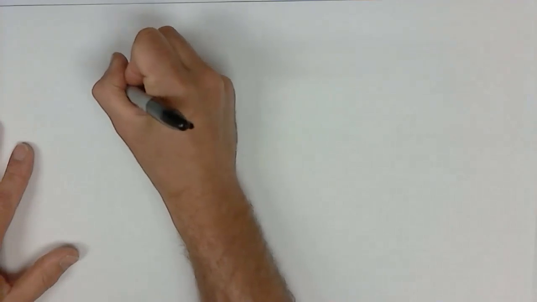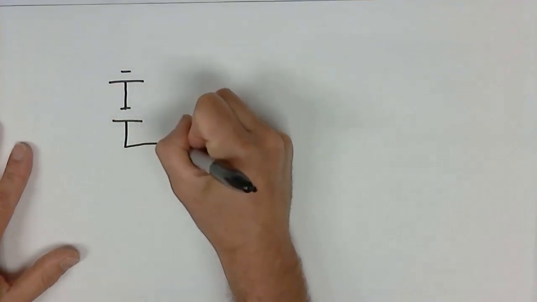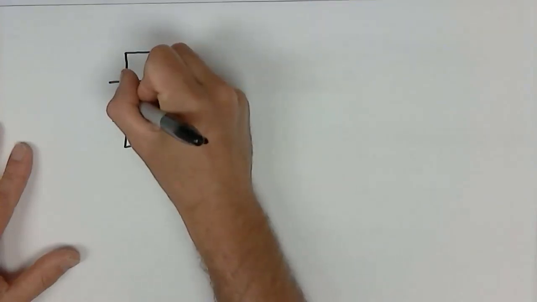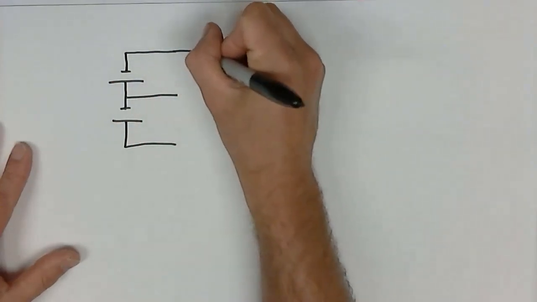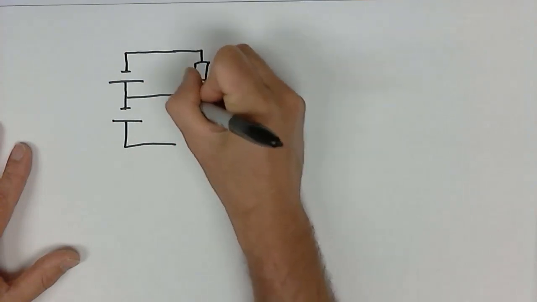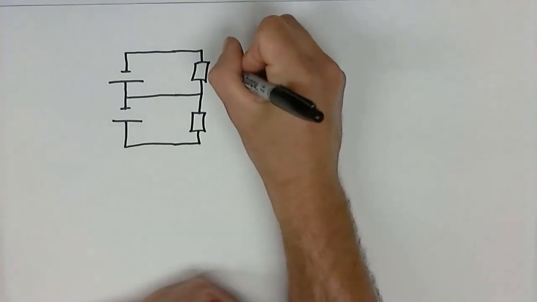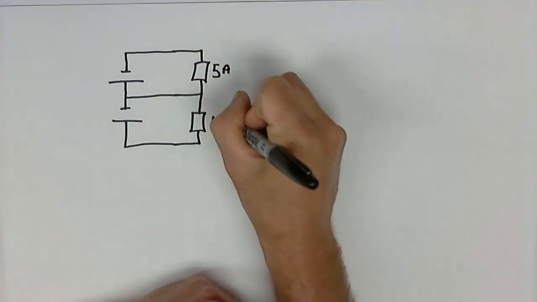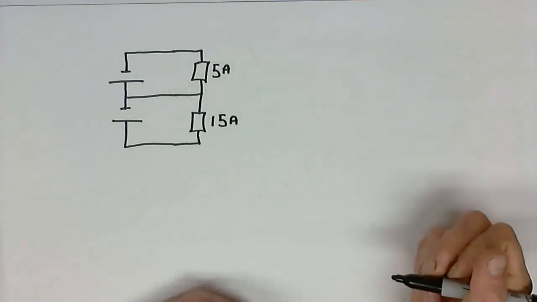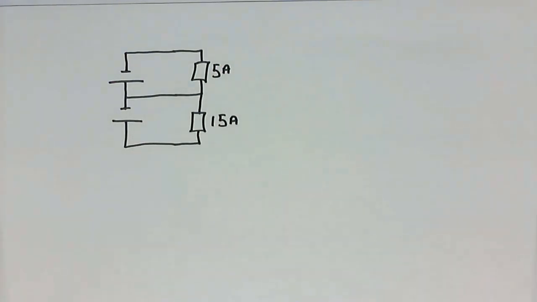So let's look at a situation like this. I'm going to omit the line resistance. And with that, I am just going to indicate 5 amps and 15 amps. If we were to lose one of these conductors, which one would be the worst case scenario?